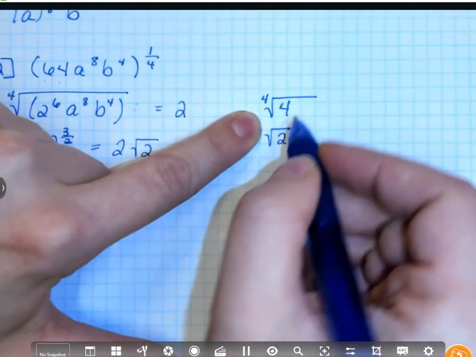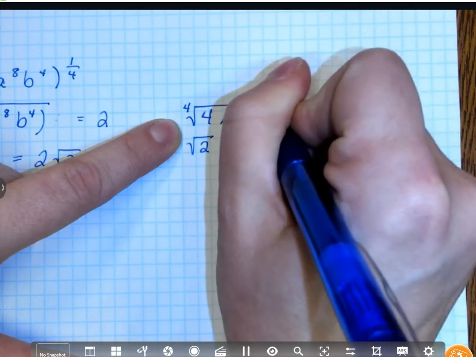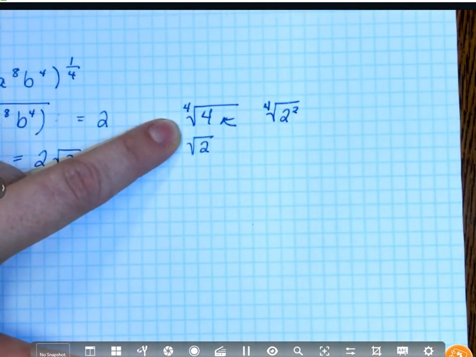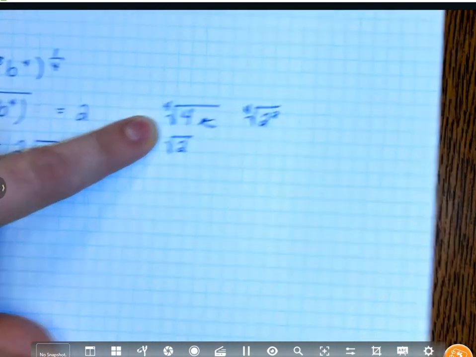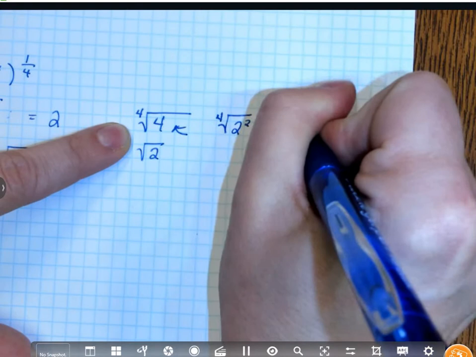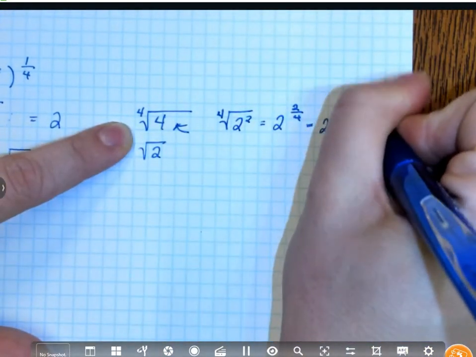The reason why with the 4 root 4 is because that 4 came from saying 2 squared. Are you okay with that? 4 is 2 squared. If I write that as a fractional exponent, that's 2 over 4, which simplifies.